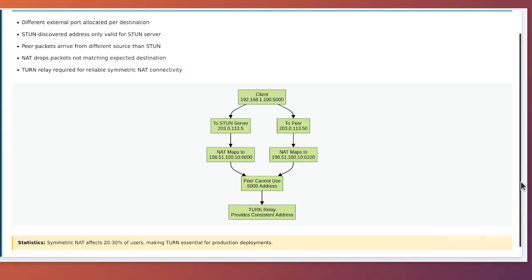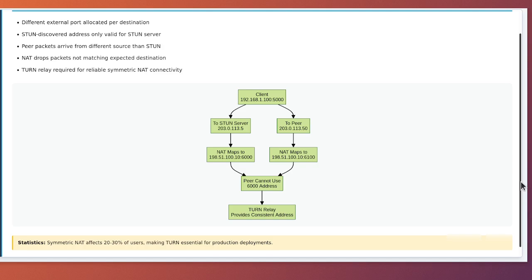When peer A tries to reach peer B using B's STUN discovered address, it fails because that address isn't valid for traffic from A. Similarly, when B tries to reach A, it fails for the same reason. Even techniques like simultaneous open, where both sides send packets at the same time hoping to create reciprocal NAT bindings, often fail with symmetric NAT because the NAT creates new port mappings for each new destination.